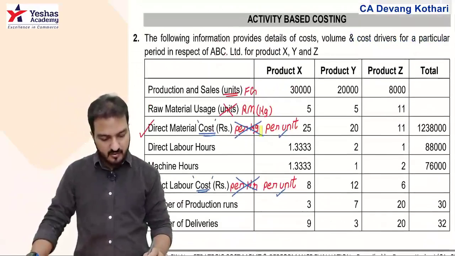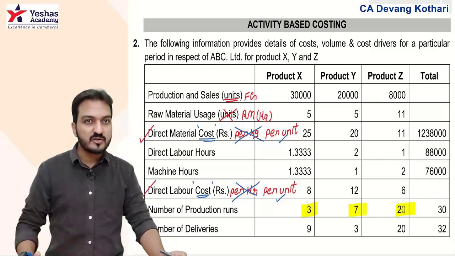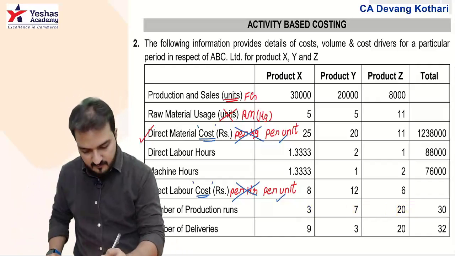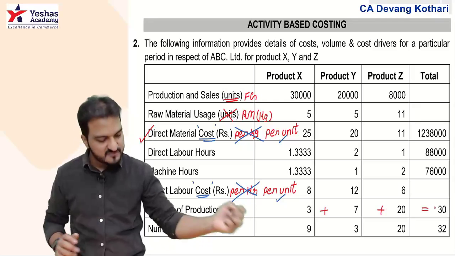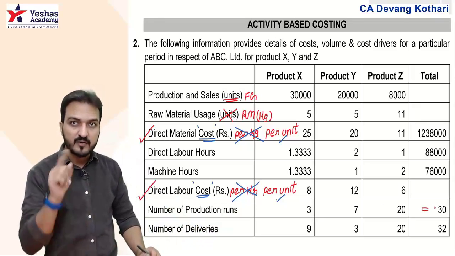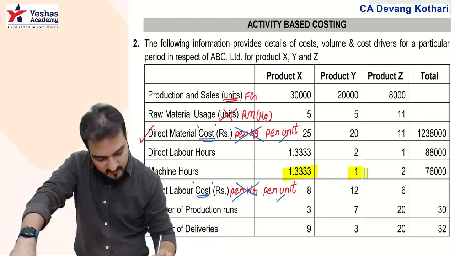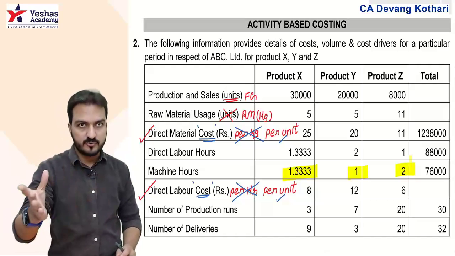Look, 3, 7 and 20 are the production runs for all units of X, Y, Z. That is why 3 plus 7 plus 20 matches with the total 30 given. Yes or no? Yes. But machine hours 1.33, 1 and 2, is that for one unit or is that for all units?